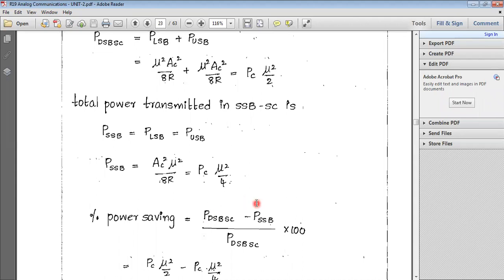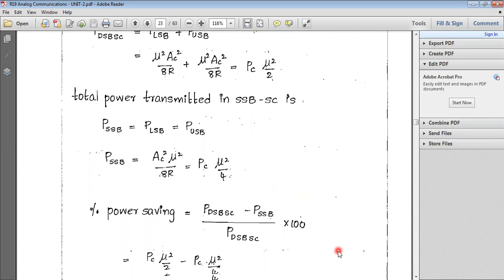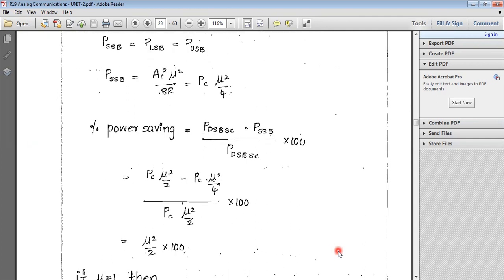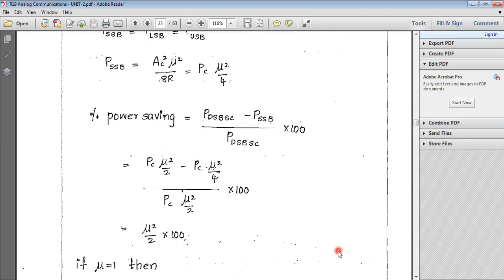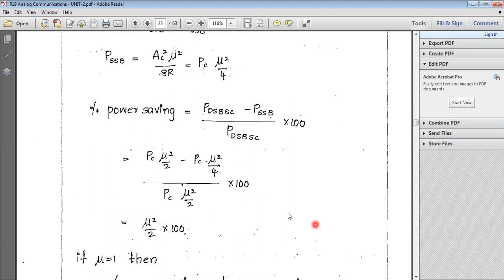For that we take power of DSB-SC minus power of SSB, divided by power of DSB-SC, into 100. Already you know the power of DSB-SC and the power of SSB. You simply substitute both powers.